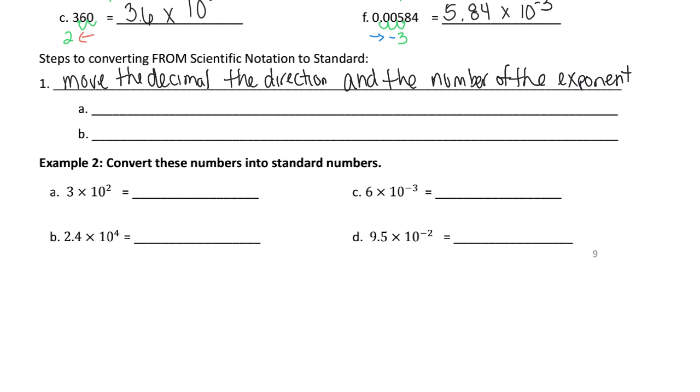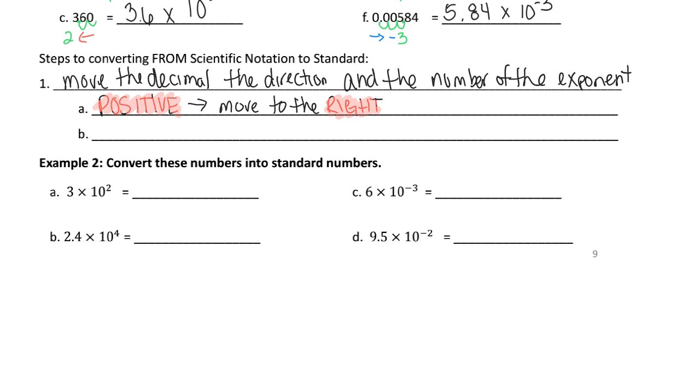So what that means is if it's a positive exponent, we move to the right. So in this case, if it's positive, we move it to the right.